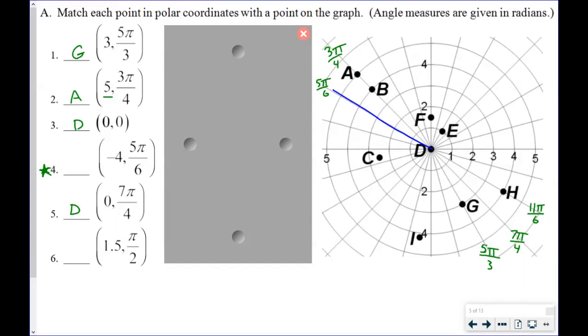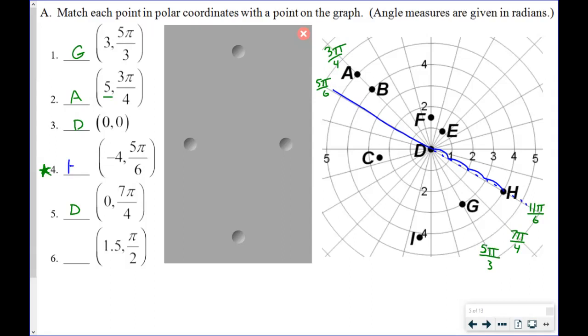So when we're graphing negative values of r, what we're going to do is we actually go 180 degrees around the circle, or we go across the origin. That's going to get us to this angle over here. It's going to get us to 11 pi over 6. It is opposite the origin of 5 pi over 6. And now we're going to look for a point that has a distance of 4 units away from the pole. 1, 2, 3, 4.